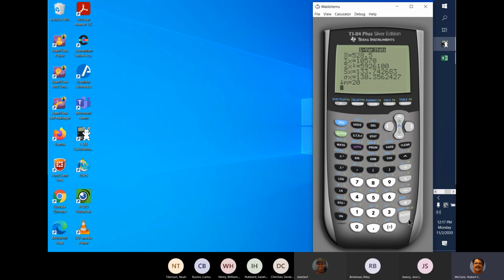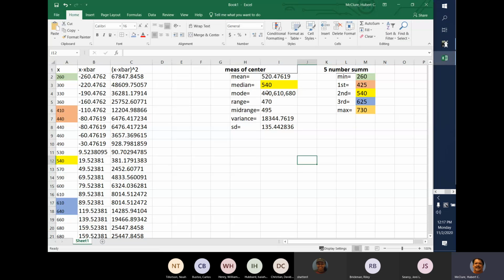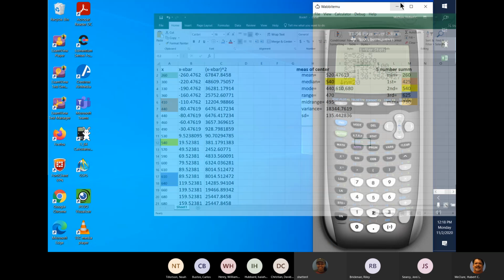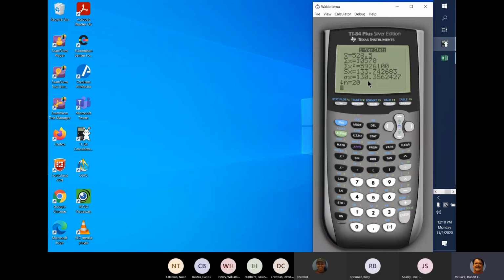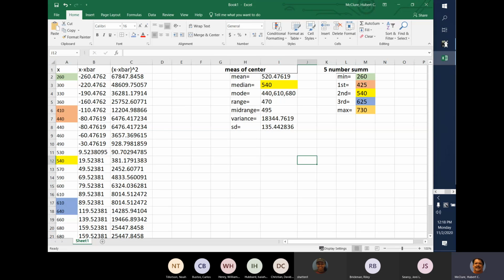Let's pull up the handy dandy. What is my median? I meant my standard deviation. 135. And I didn't get that. Let's check and see if I got the right answers for the 260, 425.